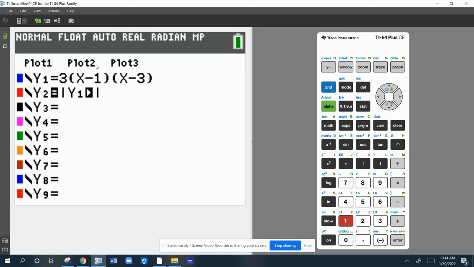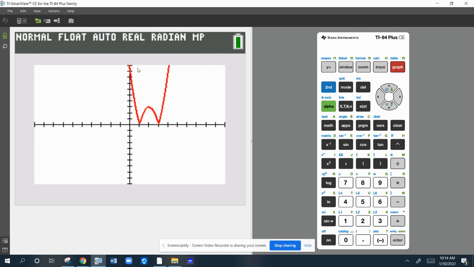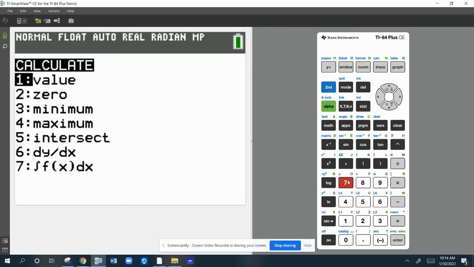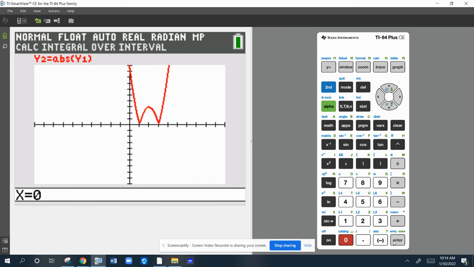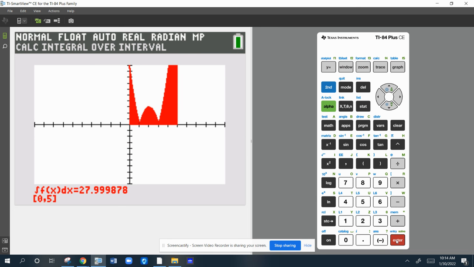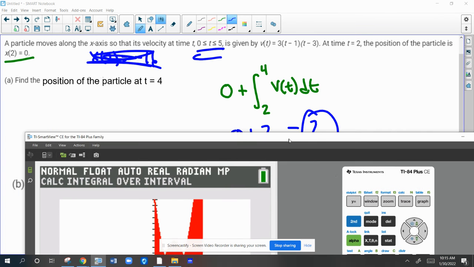So now it's going to graph the absolute value of what I have in y1. And here it is. It makes sense because the parabola used to come down like this, but the negative part flipped up to be positive. So now it's very simple. Second calc 7, integral from 0 to 5, and I get 27.99, which is 28.